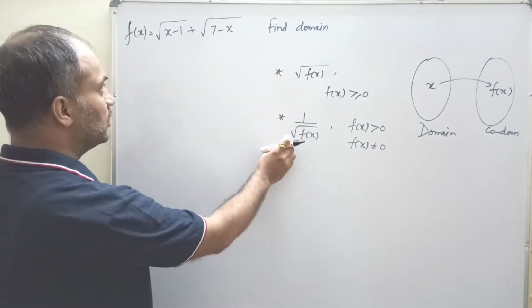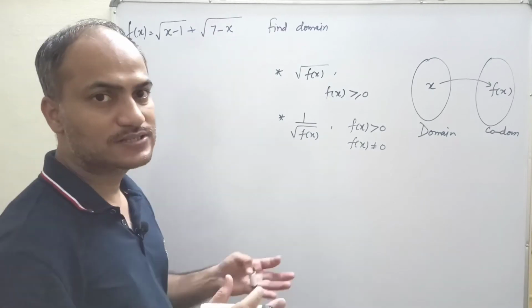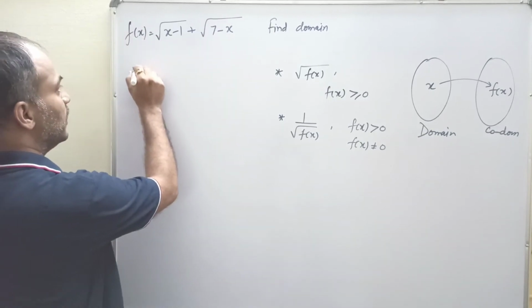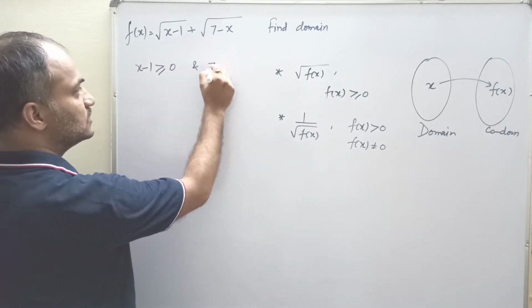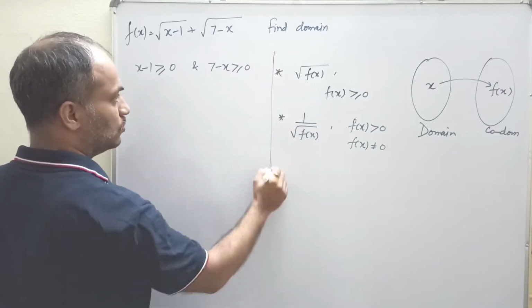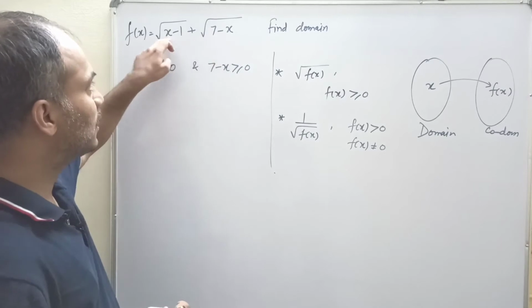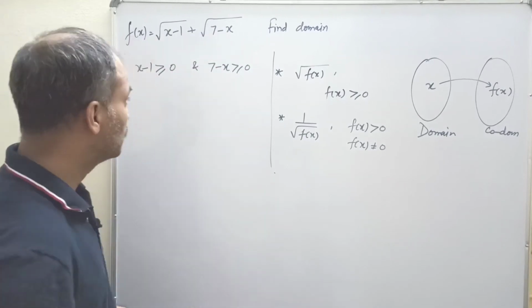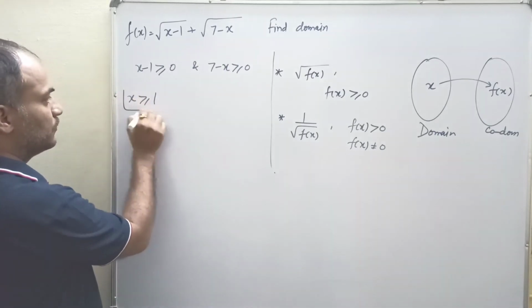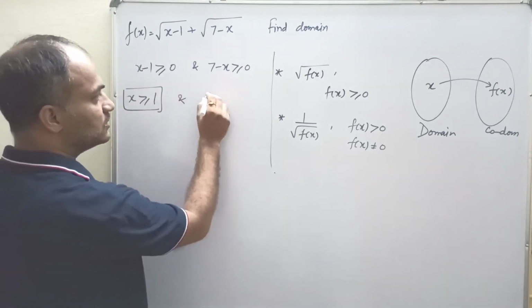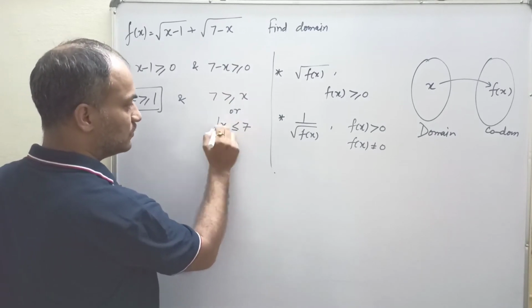Now applying the trick here, what we get, f(x) is root of x minus 1 and root of 7 minus x. Clearly both x minus 1 has to be greater than or equal to 0 and 7 minus x greater than or equal to 0. For both of them this condition will work, because both of them are in the numerator. Fine. So what is x? x is greater than or equal to 1. Clear? And from here we see 7 is greater than or equal to x, or we say x is less than or equal to 7.